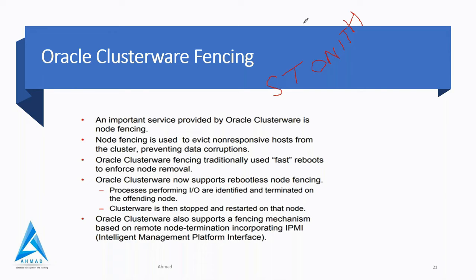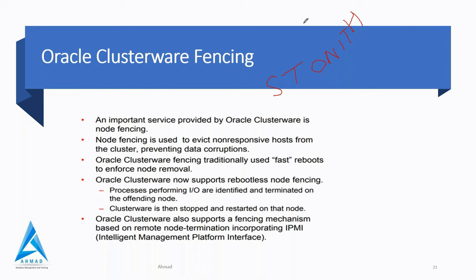But for some reason, if not all resources can be stopped, or IO generating processes cannot be stopped completely, Oracle Clusterware will perform a reboot. Beyond this traditional fencing approach, Oracle Clusterware now supports a new fencing mechanism based on remote node termination.